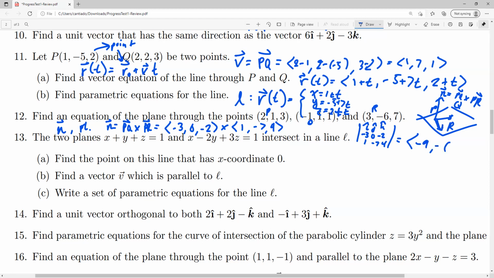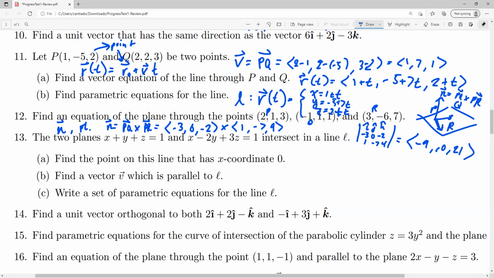Then -3 times 4 is -12, -12 minus -2 is -12 plus 2, so it'll be -10. Let's simplify the sign, so rather than -10, it'll be +10. And then k is -3 times -7, that's 21, minus 0, so this is 21.